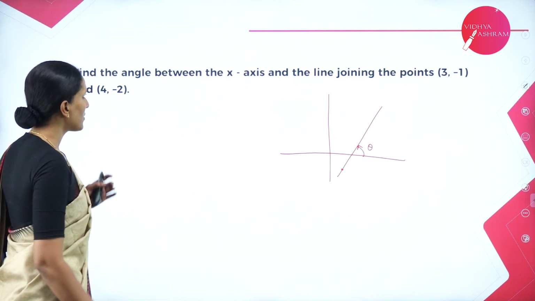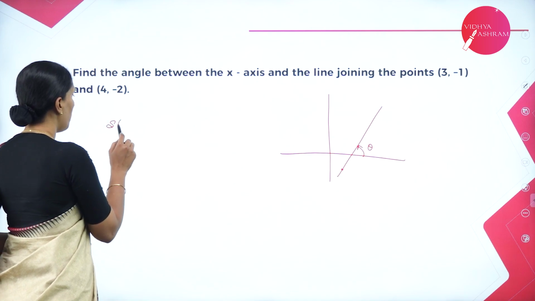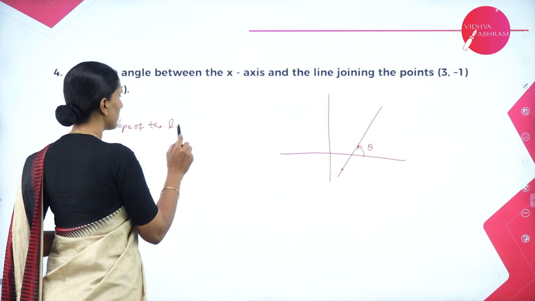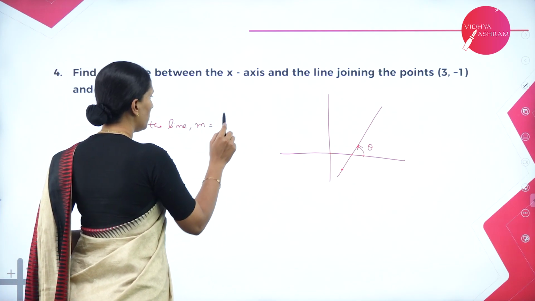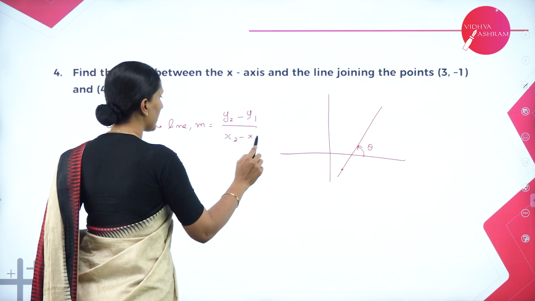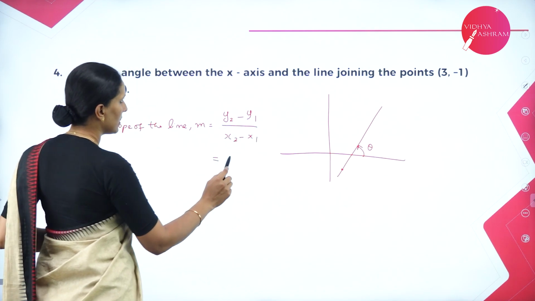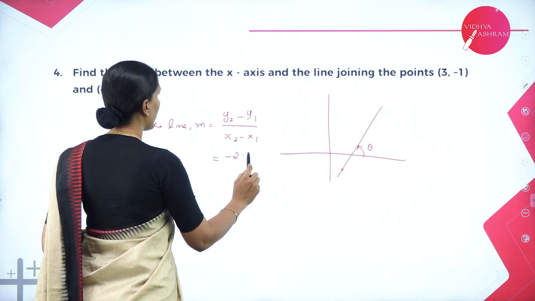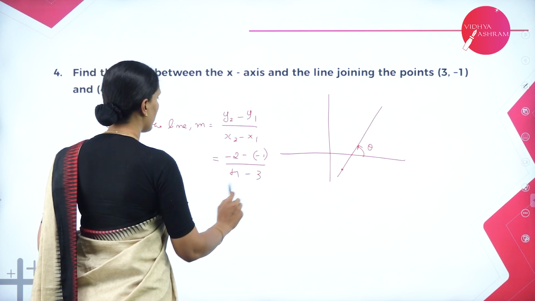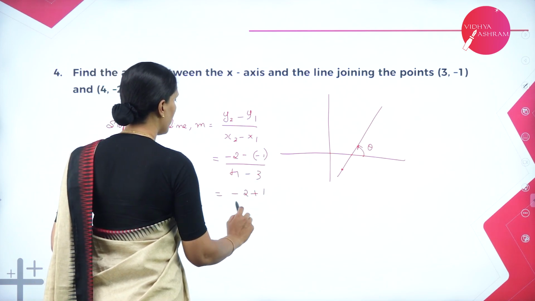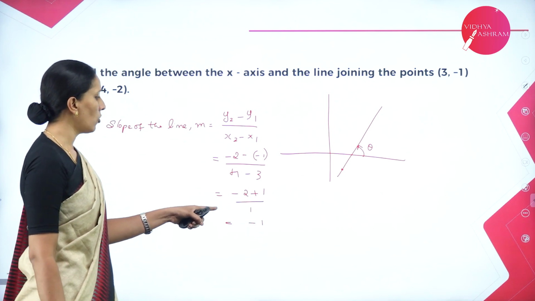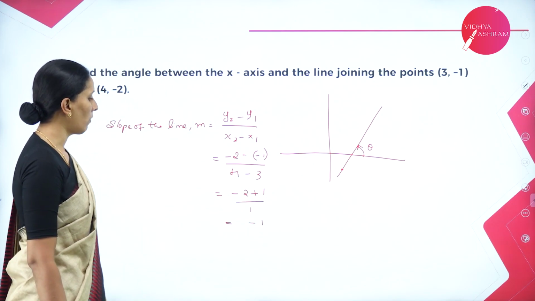Let us find the slope of the line. m is equal to (y2 minus y1) divided by (x2 minus x1), which can be written as (minus 2 minus of minus 1) divided by (4 minus 3). So minus 2 plus 1 divided by 1, which is equal to minus 1. So the slope m is equal to minus 1.